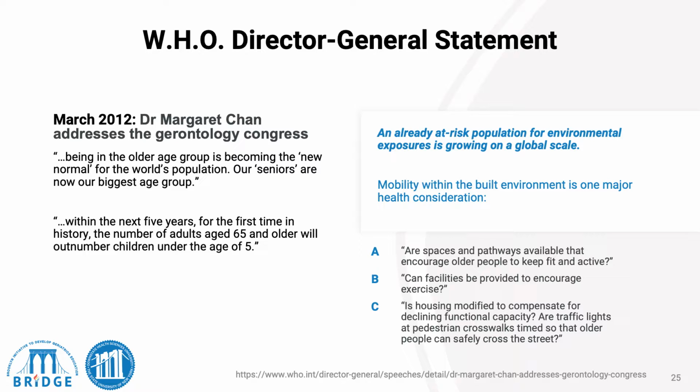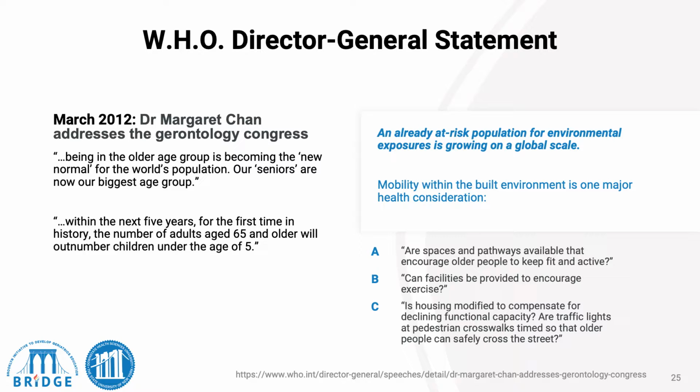It's a great question to ask older adults when they come in for care. What is your environment like? And to think about whether or not something can be done in terms of facilities. Are there accommodations and modifications that can be made to facilitate and encourage exercise? And also, is there something about their housing?